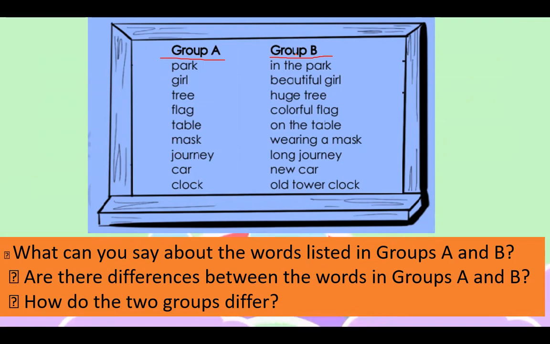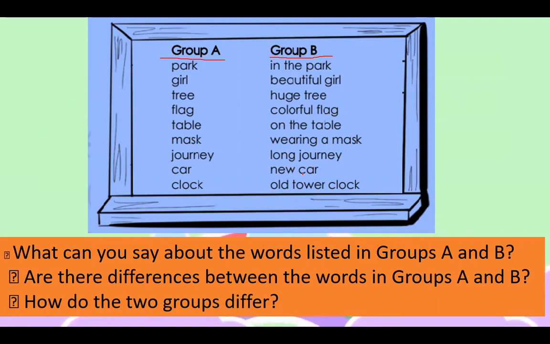While on group B, we have some words. The first one is in the park. The second one, beautiful girl, huge tree, colorful flag, on the table, wearing a mask, long journey, new car, and old tower clock.